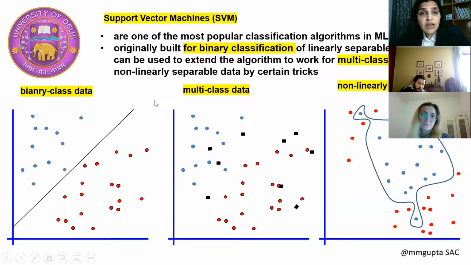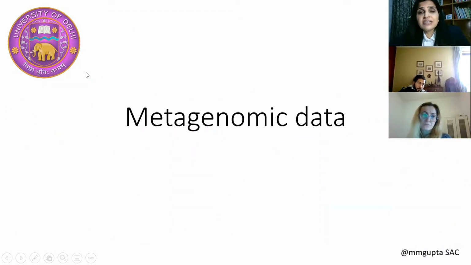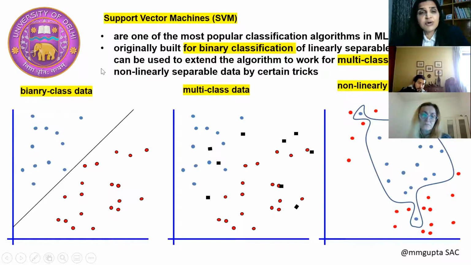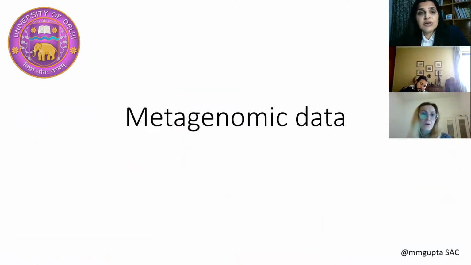And originally, it was designed for binary data where dividing it into two classes is possible, linearly separable data, but gradually it is extended to multi-class data where, like in metagenome, where we have a lot of types of species present in one environment, or maybe non-linearly separable data where the data is very hard to separate into one or two class, or linearly we cannot separate that data. So SVM, I said, is the most popular method.